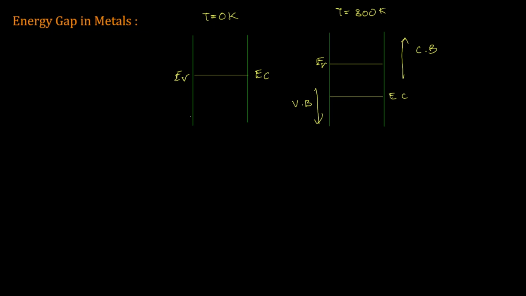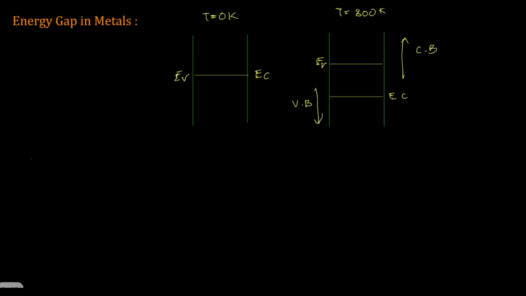So in metals, even at T equal to 0, my electrons will easily travel to the conduction band. If I increase temperature, the conduction band comes down, so free electrons are easily formed and charge carriers easily go from valence band to conduction band. Whether at T equal to 0 or T equal to 300 Kelvin, temperature is not making an effect.